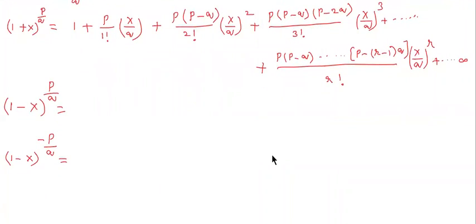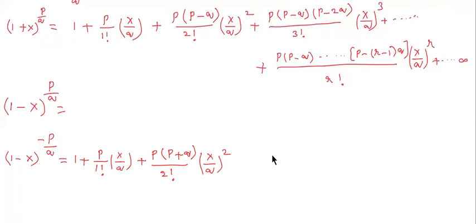Okay. Now 1 plus p by 1 factorial into x by q plus p into p plus q by 2 factorial into x by q whole square. Why am I writing plus here? The power is negative. That's why. Next, p into p plus q, p plus 2q, like that.